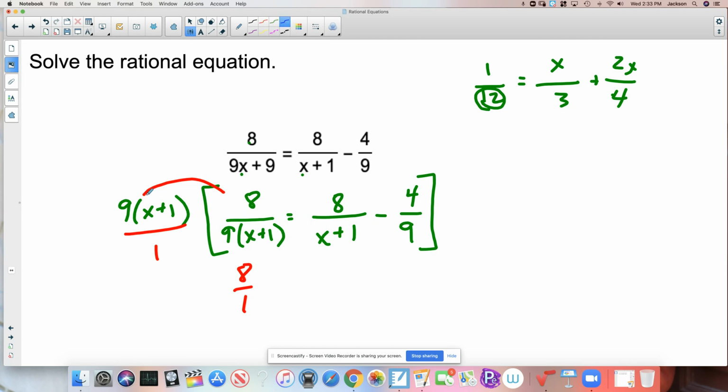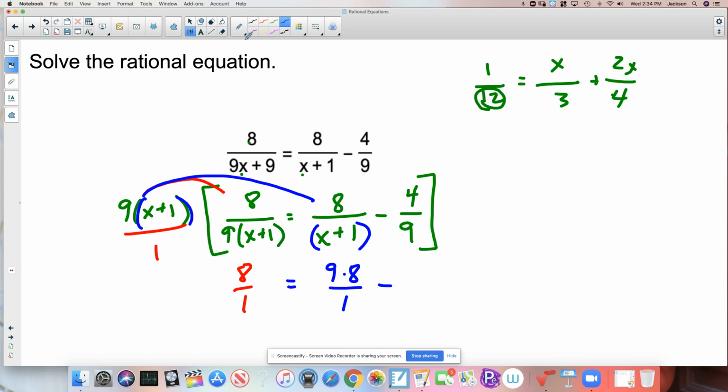Then when I take this and multiply it times this term, the x plus 1 that's down here on the bottom will cross cancel with the x plus 1 that's over here. But that still leaves the 9 over 1 to be multiplied times this 8. So what I'm going to end up with there is 9 times 8 over 1.